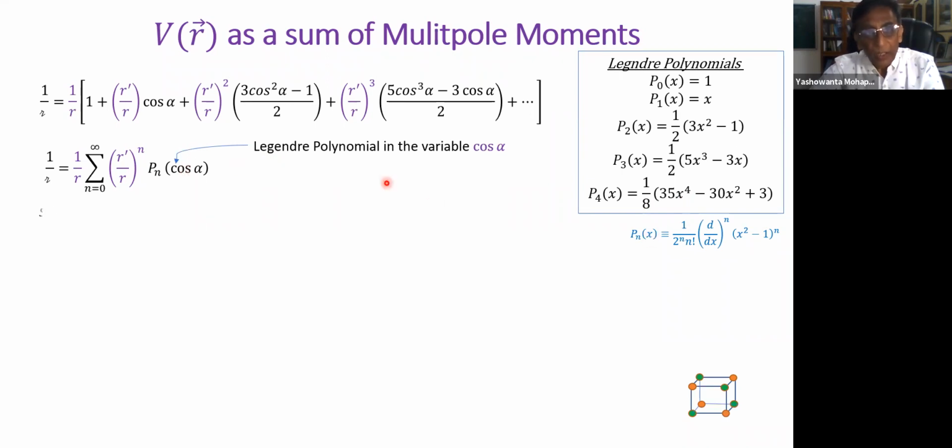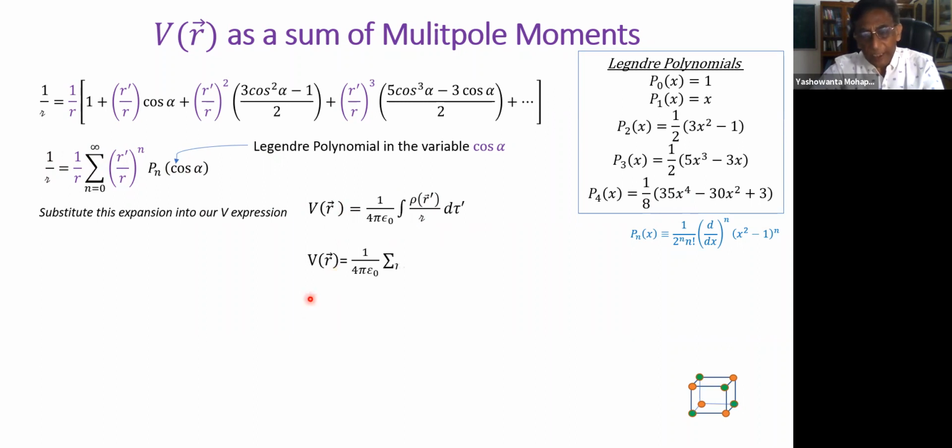So let's substitute this expansion into our V expression. That was our aim. V of r was this, dq by curly r, and now we have gotten this expansion. So we'll plug this expansion in terms of 1 by r and r prime by r into the potential.